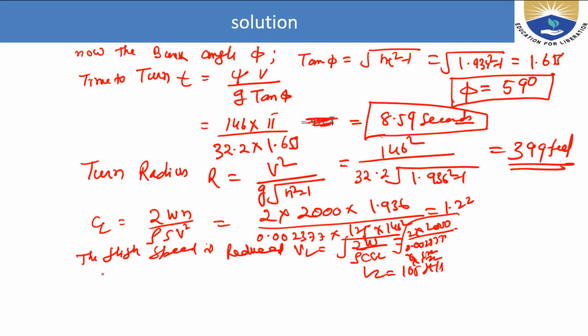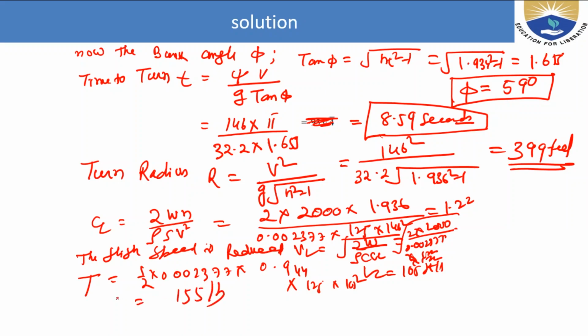So we can find out the thrust T is equal to half rho, 0.002377 into 0.944 into 125 into 105 square. You will get 155 pound. So this is the answer for this problem.